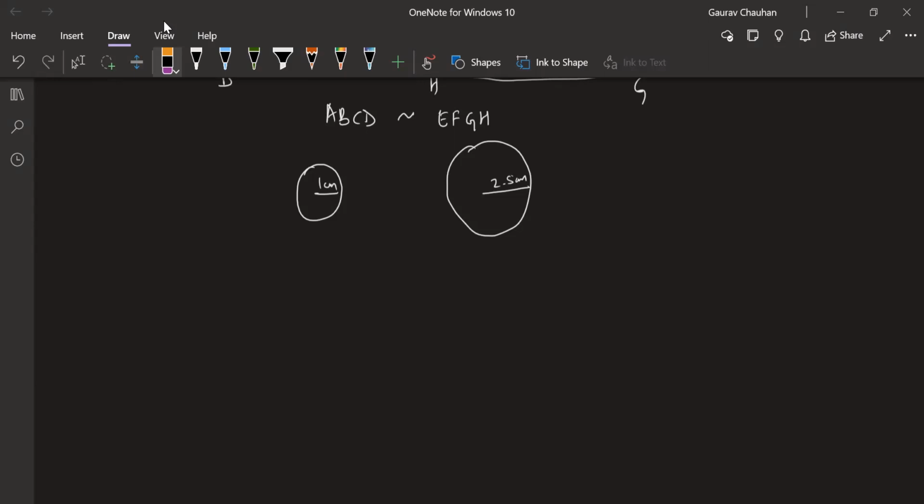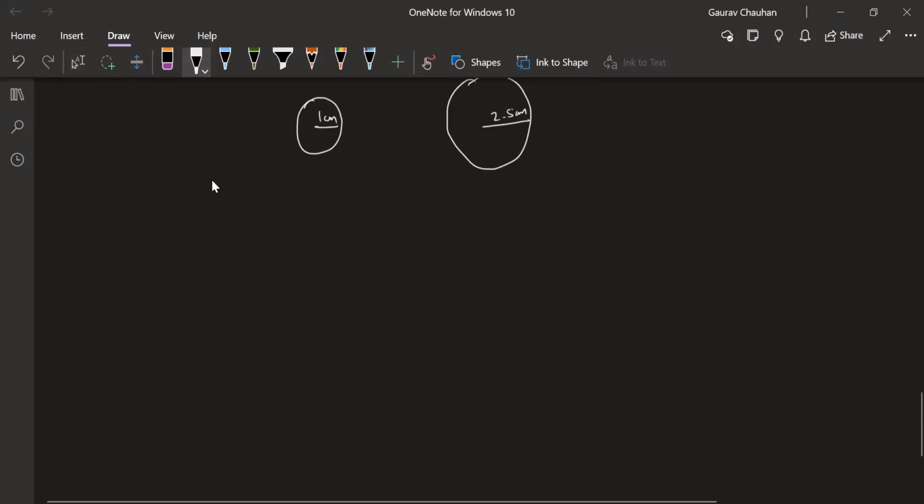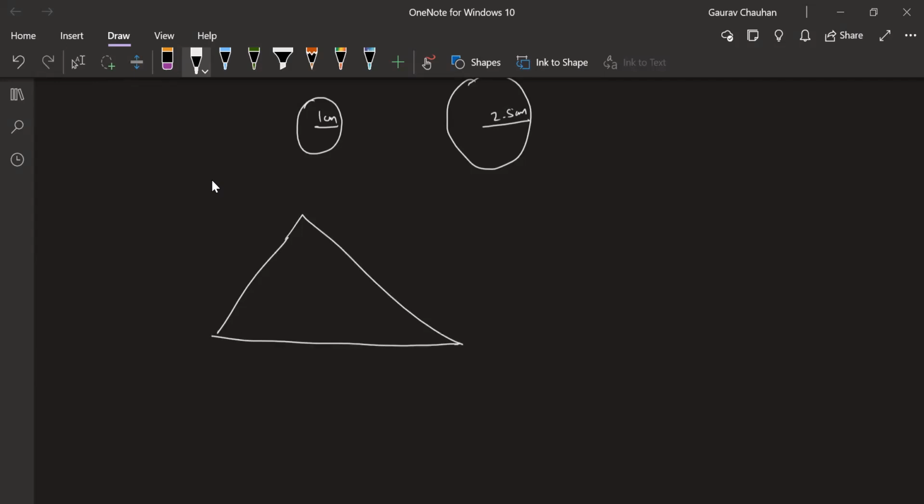Now let's take it to the context of triangles, because that's what we need for our 10th grade maths. And let's think of a triangle. Let me draw two triangles here, and maybe you'll understand what I mean by this in this particular example.